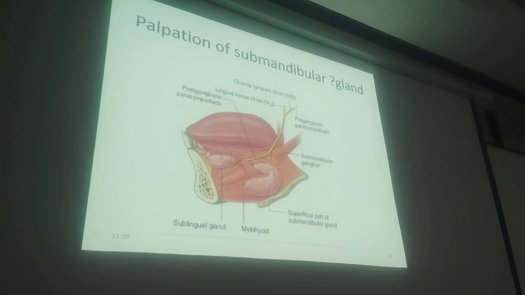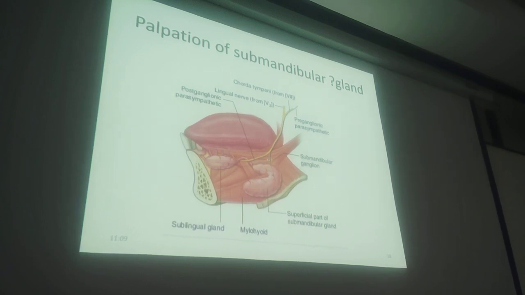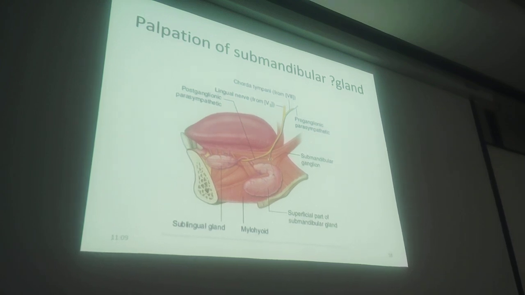Now, what you can do is put a finger inside the oral cavity proper, below the tongue and on the side of the tongue. Below and to the side of the tongue. Remember, hyoglossus starts from the hyoid bone and is inserted to the side of the tongue.